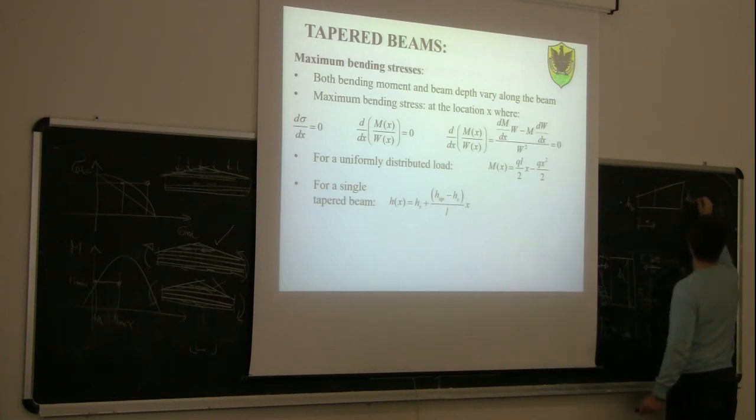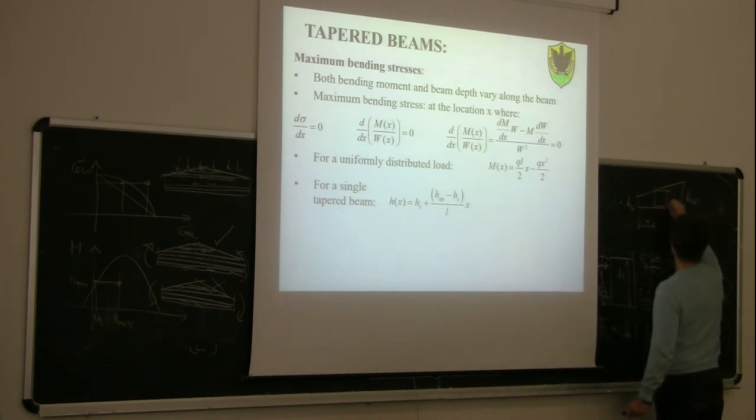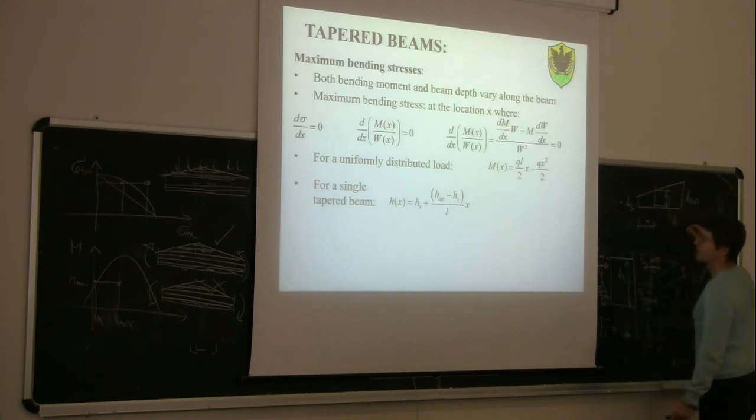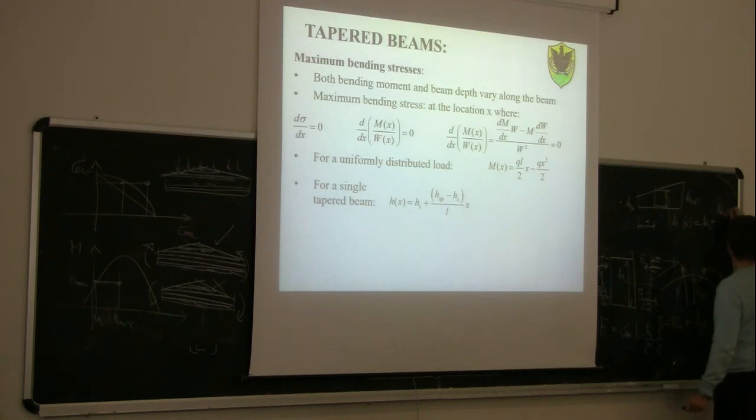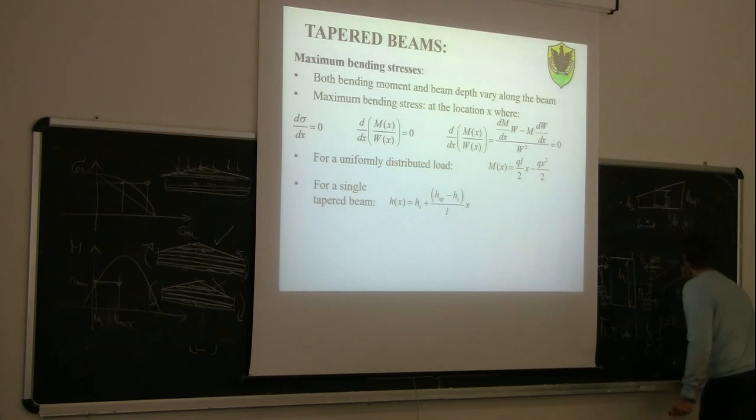On this one, h at x will be h_s plus (h_ap minus h_s) divided by L times x.